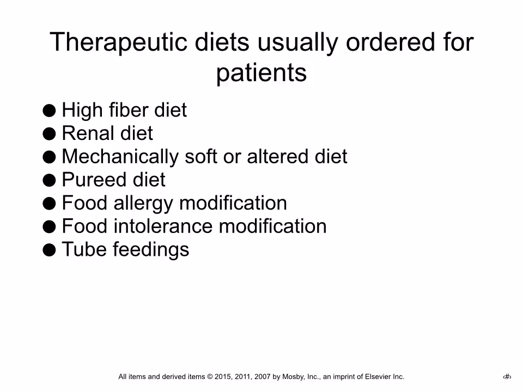Food allergy modifications. Now, food allergy is an abnormal immune response by the body to an otherwise harmless food. So maybe I'm not allergic to milk, but some of you may be allergic to milk.